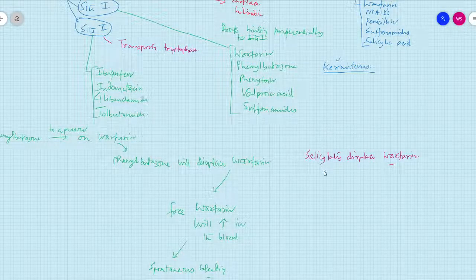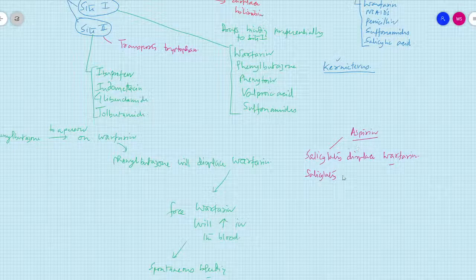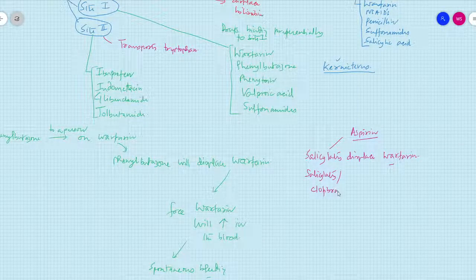An example of a salicylate? Yes, aspirin, acetylsalicylic acid. So salicylates or drugs like clofibrate can displace tolbutamide.